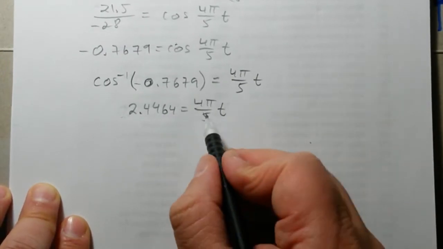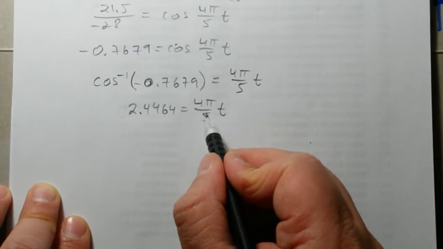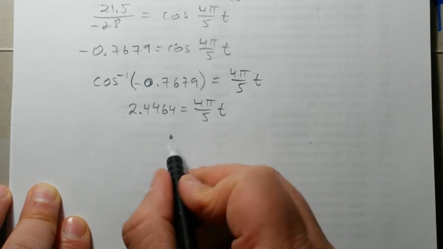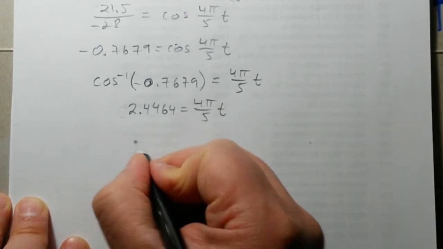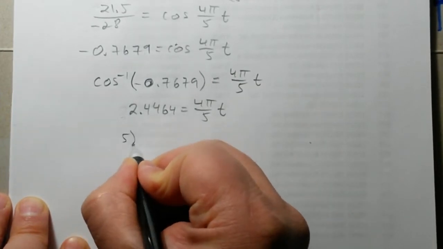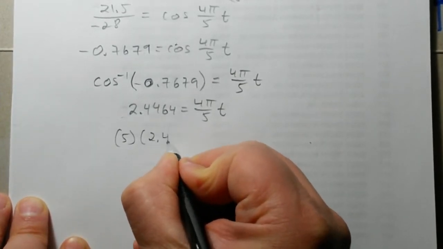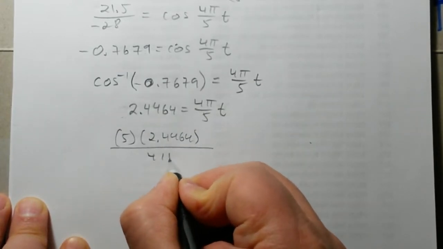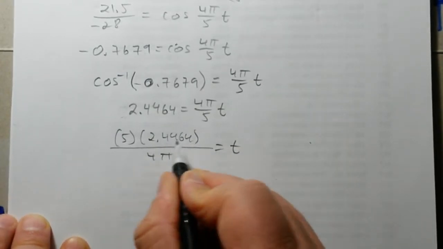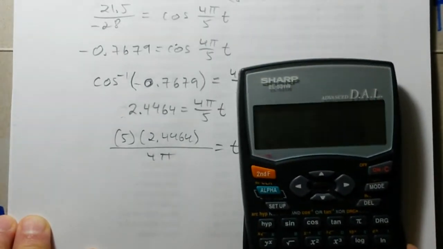So we take the 5 over, move it to the other side. This essentially becomes 5 times that divided by 4 pi. So let's do that. This becomes 5 times 2.4464 over 4 pi equals t. Now what is this going to be equal to?